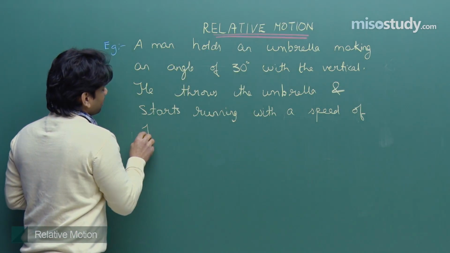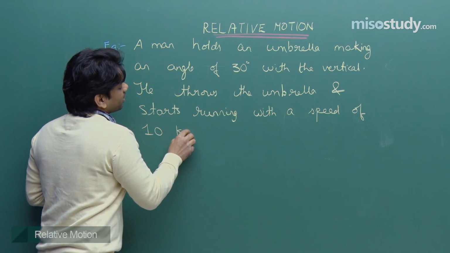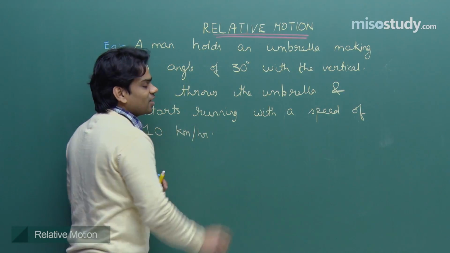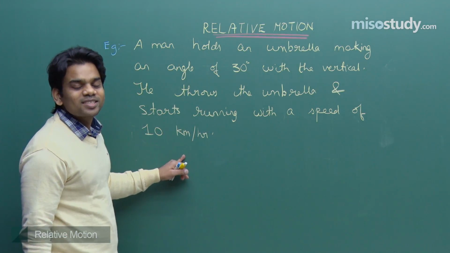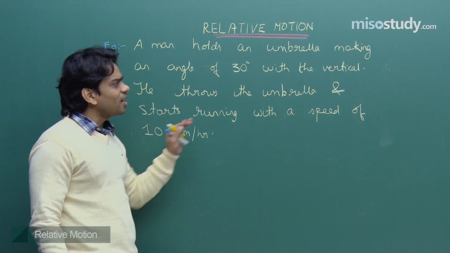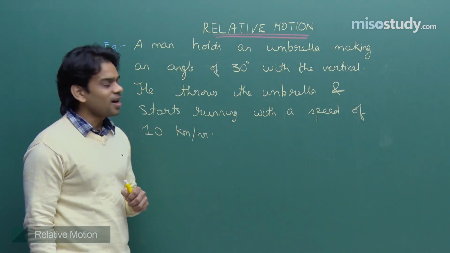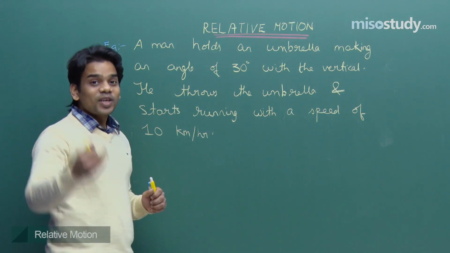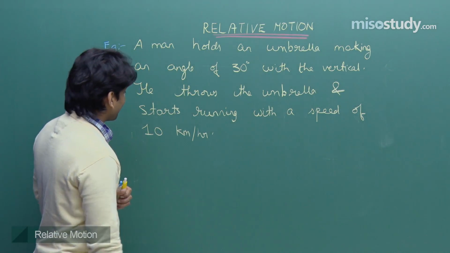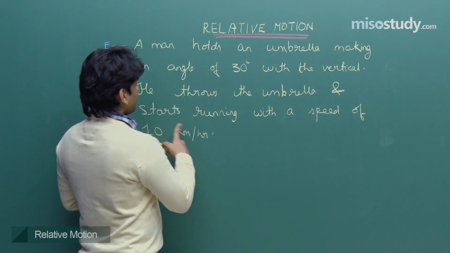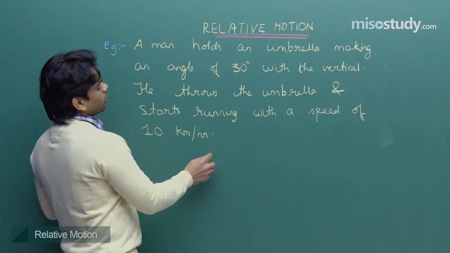It's given that now he finds rain is falling vertically on his head. As he starts running with a speed of 10 km per hour, he finds that rain is hitting his head in the vertical direction.